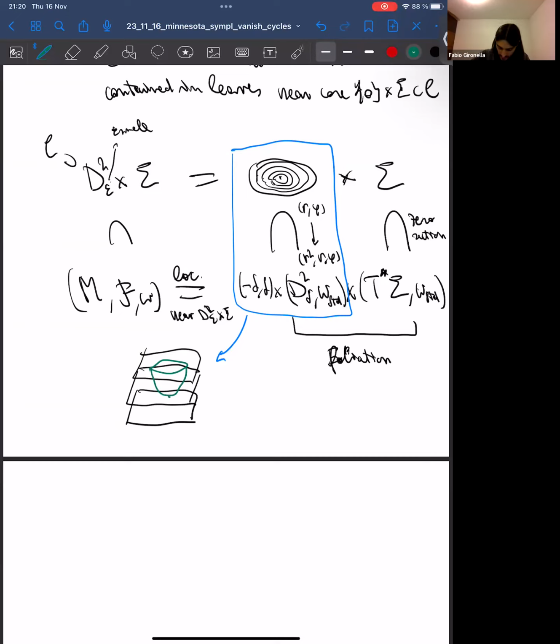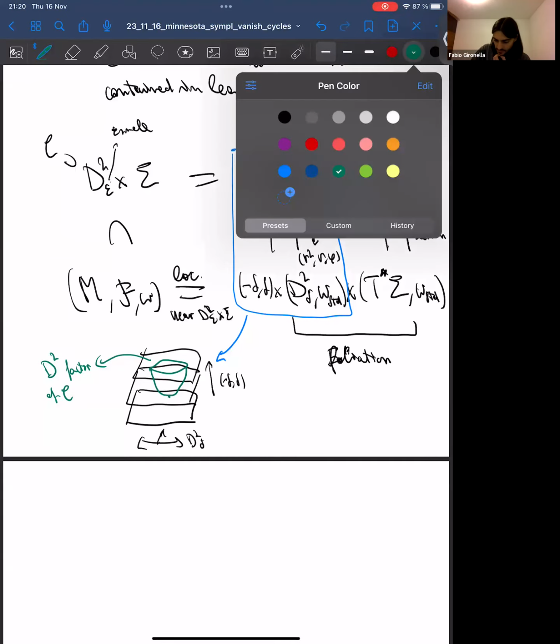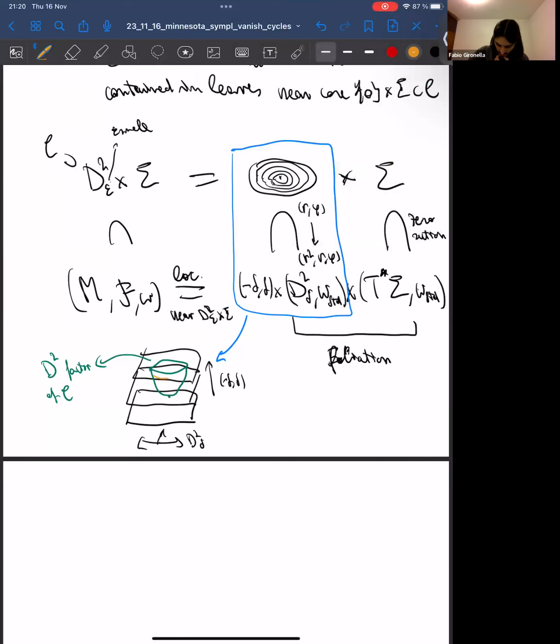This green stuff is the D2 factor of the vanishing cycle. This factor here is the minus delta delta, and this factor here is also the D2 delta. And here you can see indeed that the induced foliation on this just looks like concentric circles.